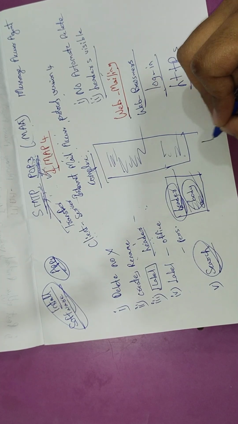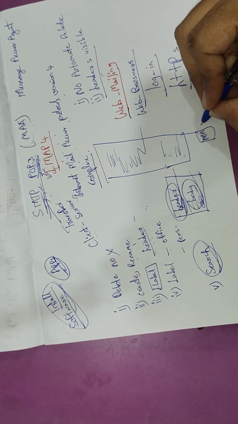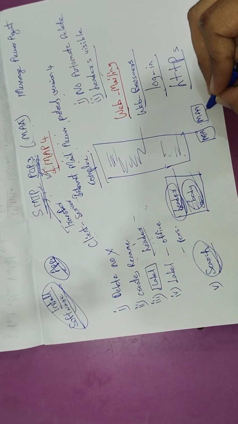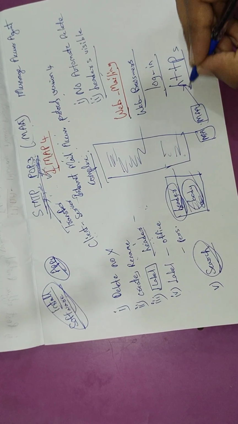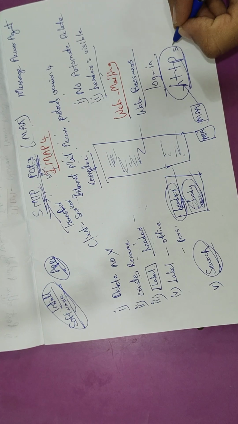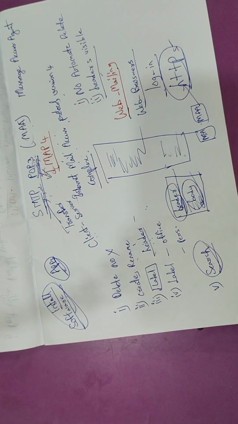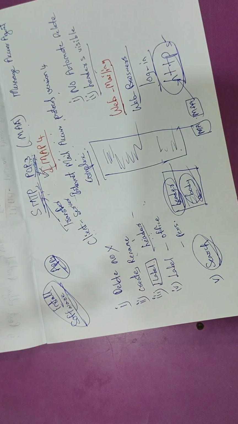That means once the data comes from the MTA or MDA, they also need to approach HTTP for checking the security, for getting into the web browser. They need to come to this protocol HTTP and enter into it, and after that the user can view the data.